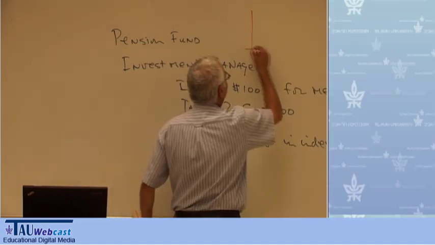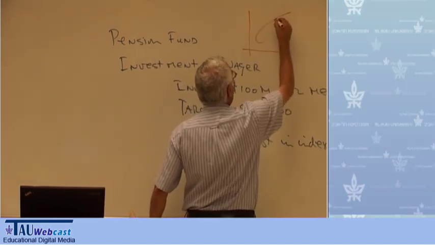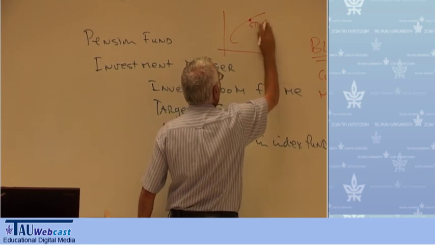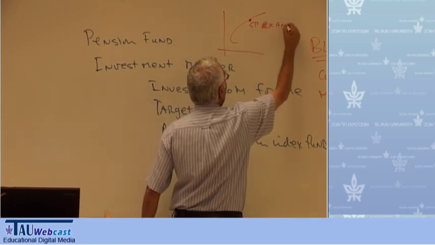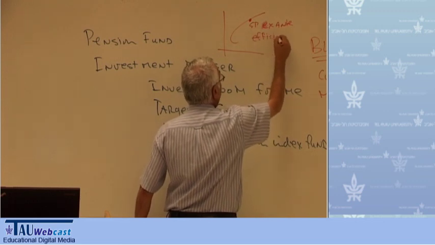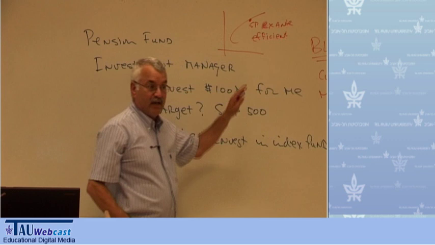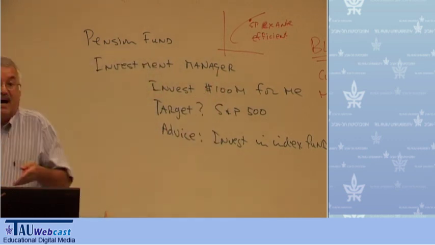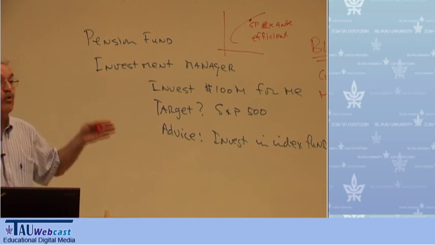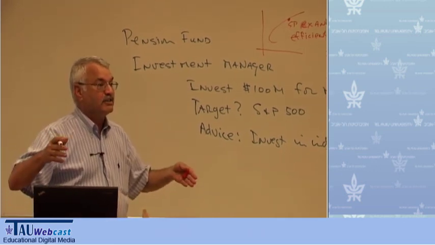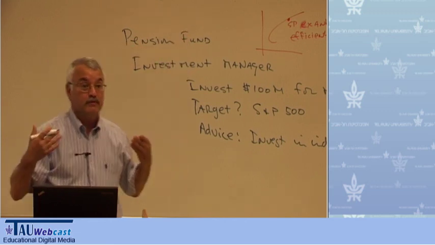I think the S&P 500 is here. It's ex ante efficient. Ex post, it's going to be inefficient. But ex ante efficient means you can't outperform. If you don't know anything, you can't outperform the S&P looking forward.